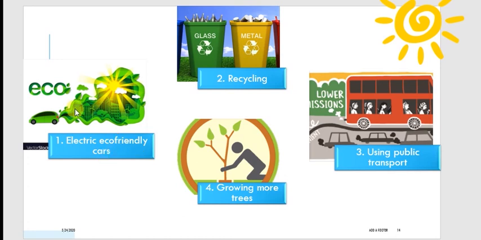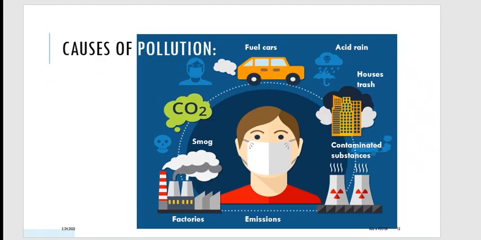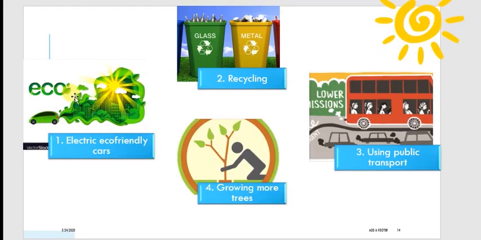So what are eco-friendly cars? Of course, it's cars which run with electricity instead of fuel. It's the opposite of fuel. As you remember, fuel gives off emissions. We have smoke. But electricity doesn't have any kind of toxic emissions in the nature, in the environment. Two, we have recycling. So, what is recycling?